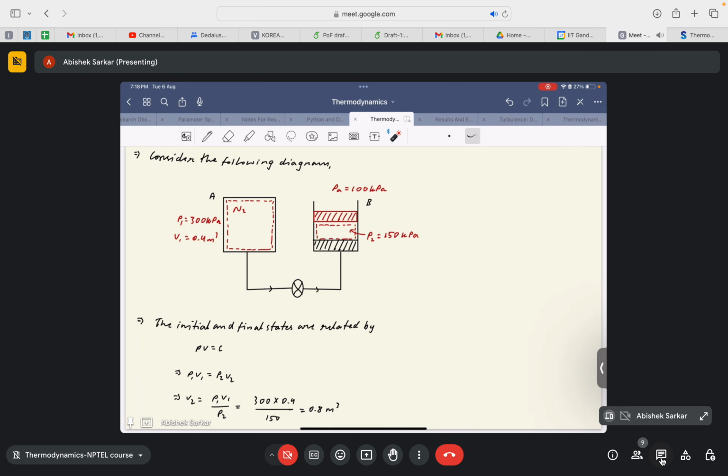So even if it is 149, the piston won't move, so it won't have any volume within the piston cylinder mechanism, okay.